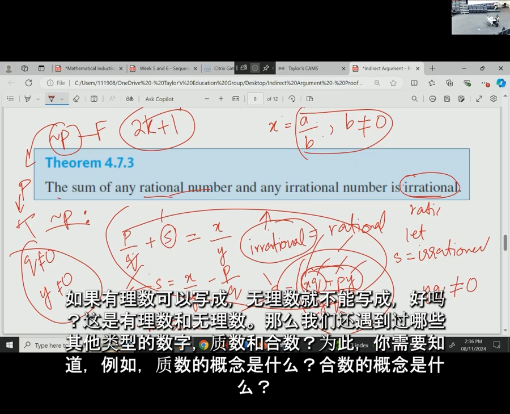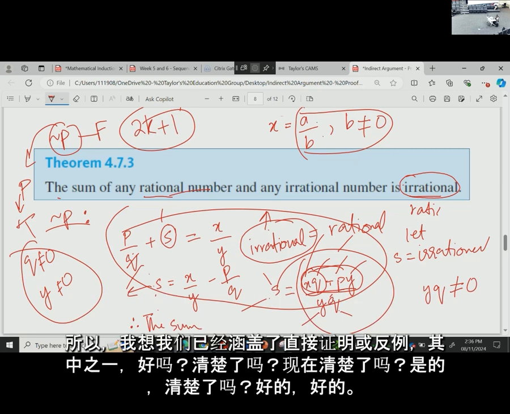Prime and composite. For that you need to know the concept of prime numbers and the concept of composite numbers. We have covered that in, I think, direct proof or counterexample, one of these. Okay, clear? Is it clear now? Yeah, clear? Okay. All right.